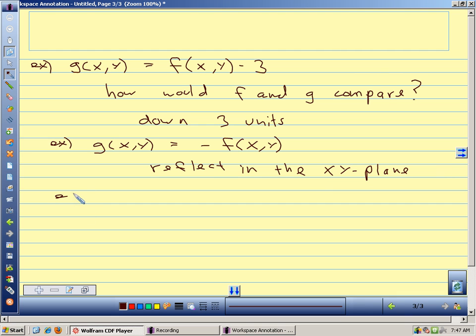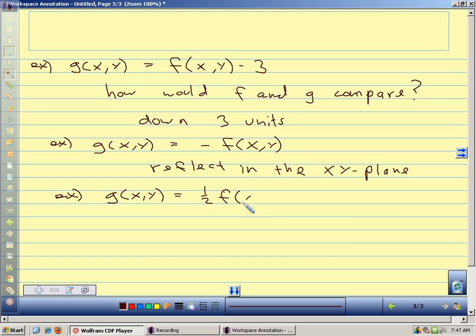How about g of xy equals 1/2 f of xy? What would that do? Ann says shrink it.